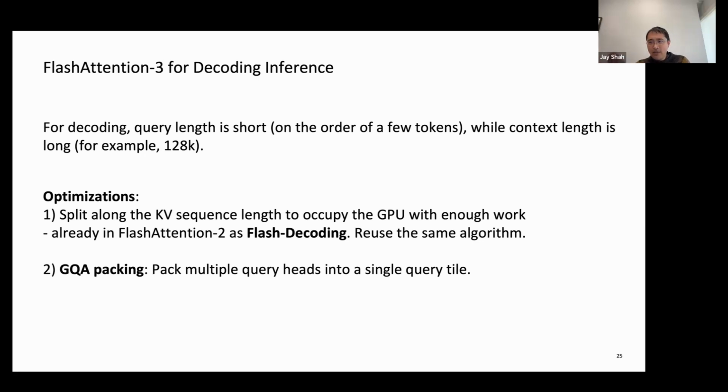The second optimization is something that we didn't do in FA2 yet, where you can pack in a GQA or MQA setup multiple query heads into a single query tile, because you have your WGMMA tile, which is fixed as a multiple of 64 for the first operand.